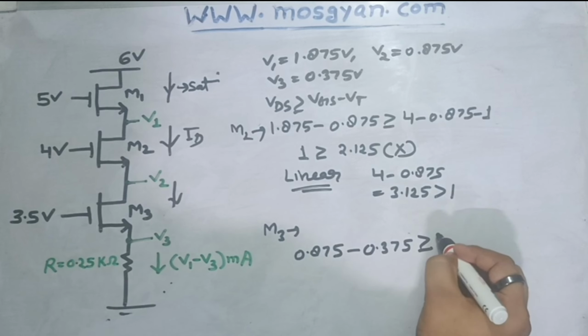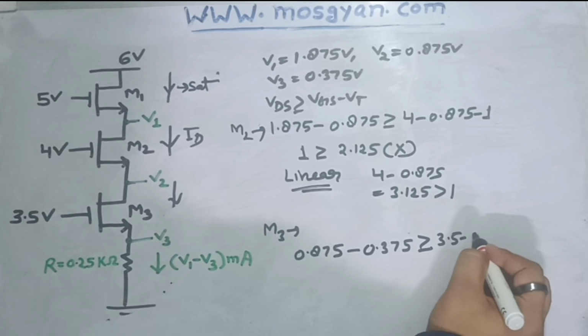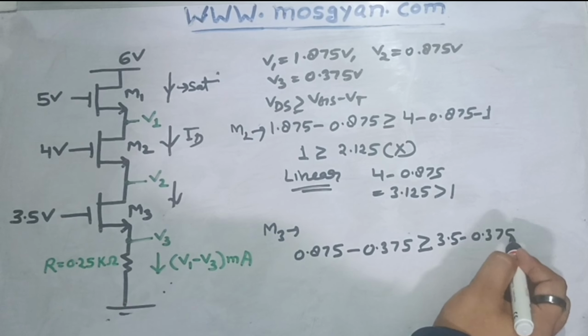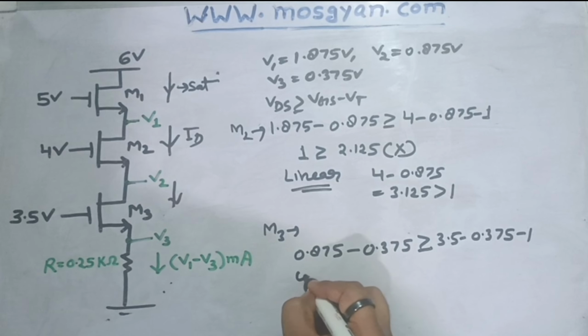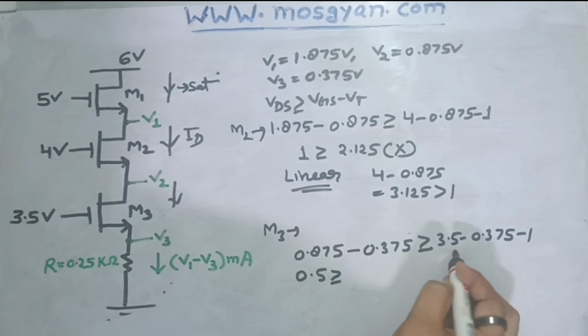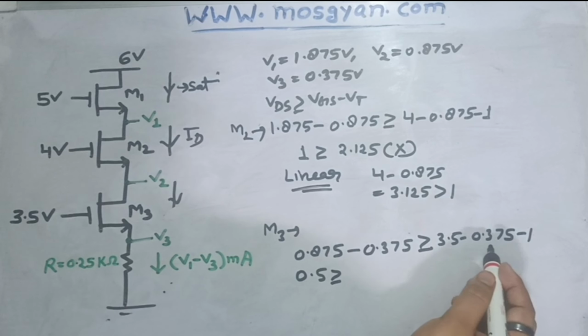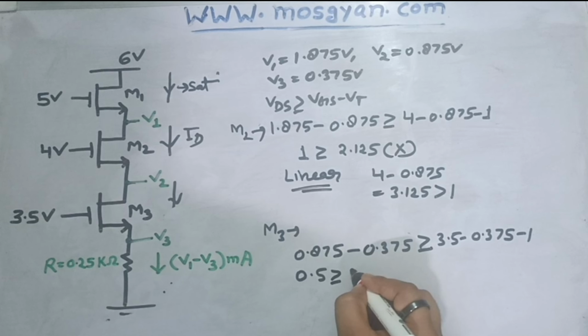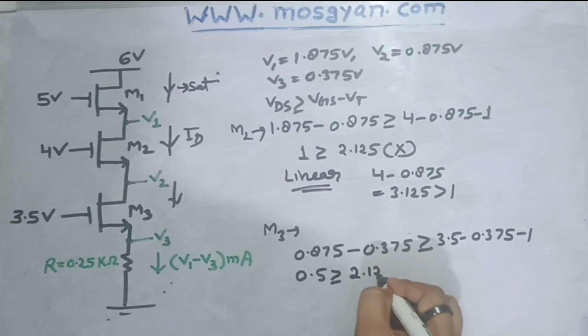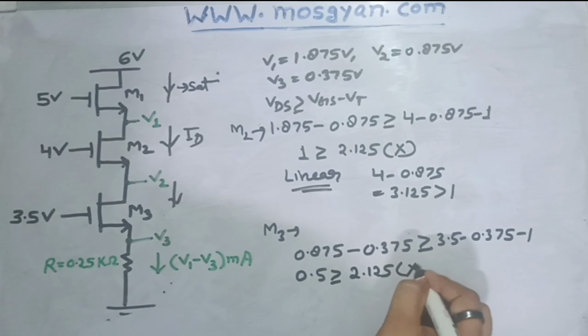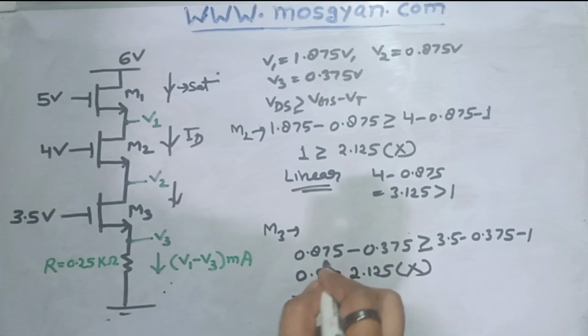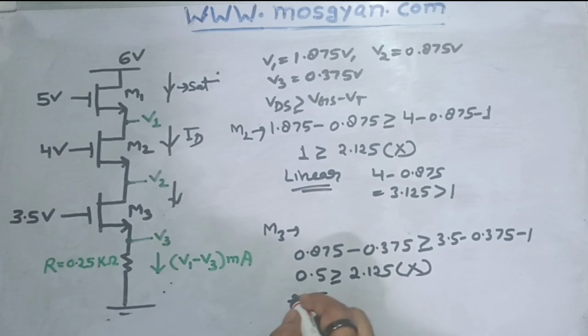VG is 3.5 minus VS, 0.375, minus 1, which is Vt. So this is coming as 0.5, which should be greater than or equal to 2.5 minus 0.375. That will be something around 2.125. So again, this is not true. 0.5 is not greater than 2.125. So this will operate in linear. M3 will operate in linear.